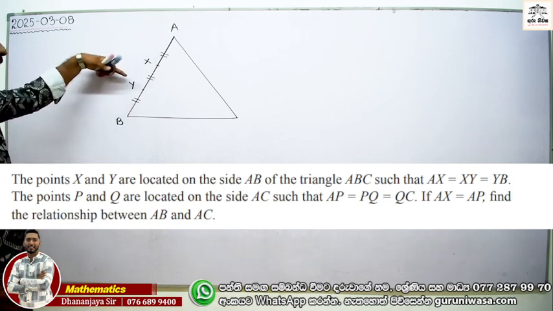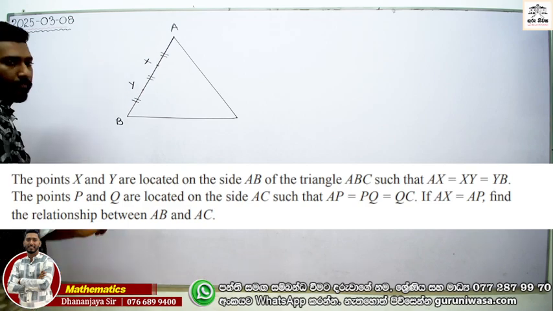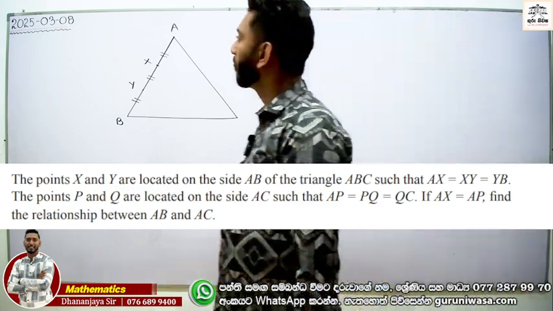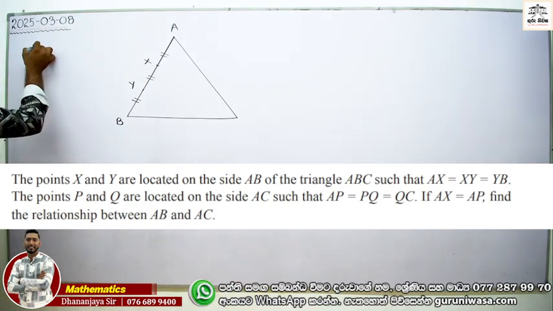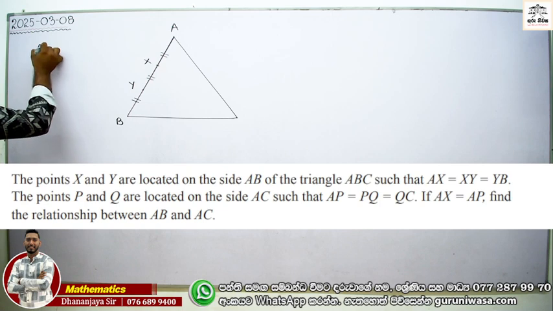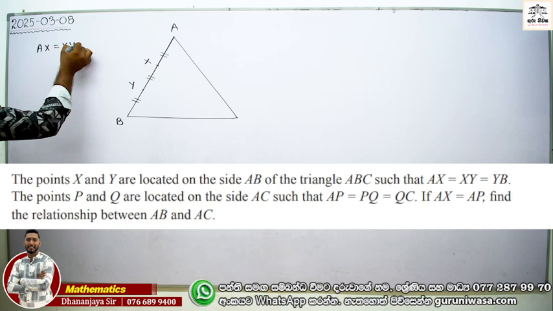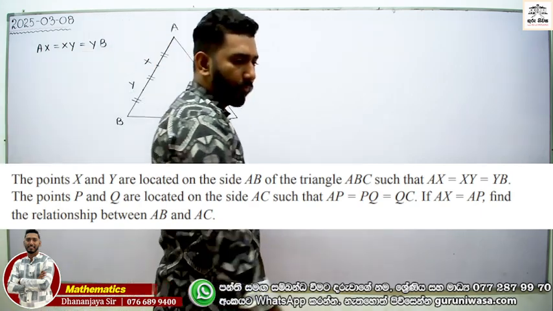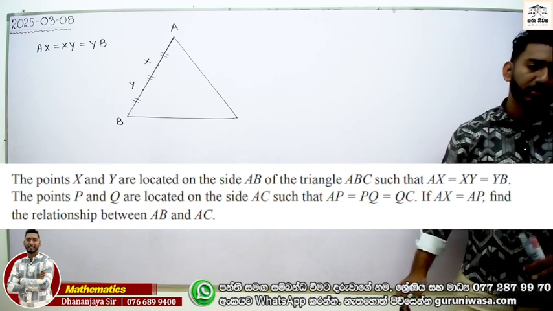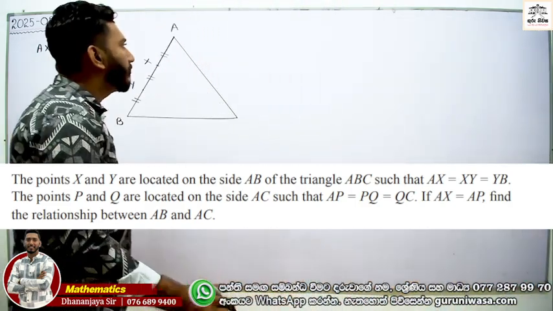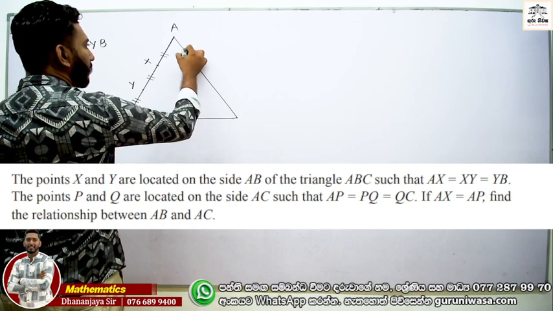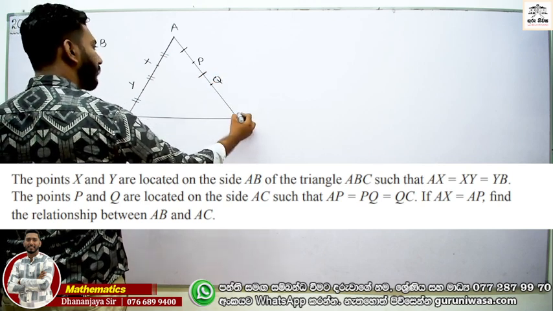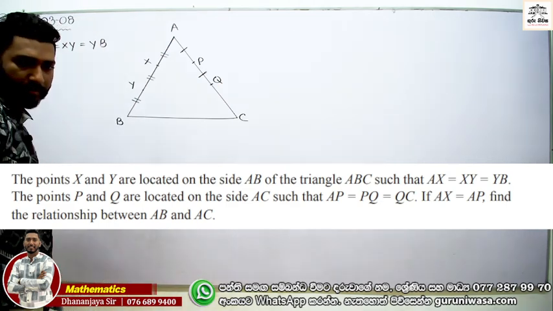AX equals XY equals YB. And the points P and Q are located on the side AC, such that AP equals PQ equals QC.